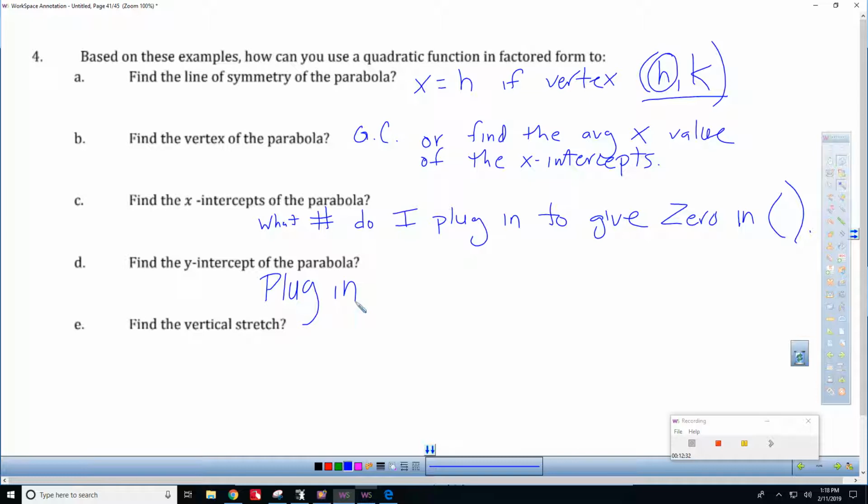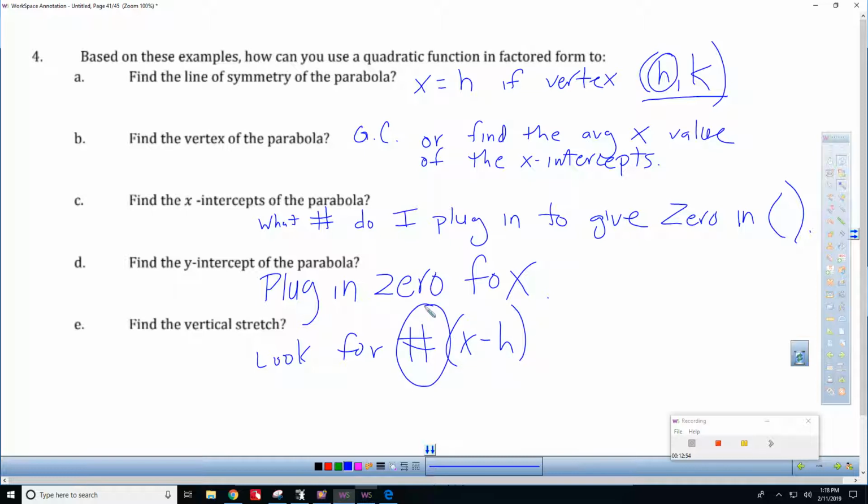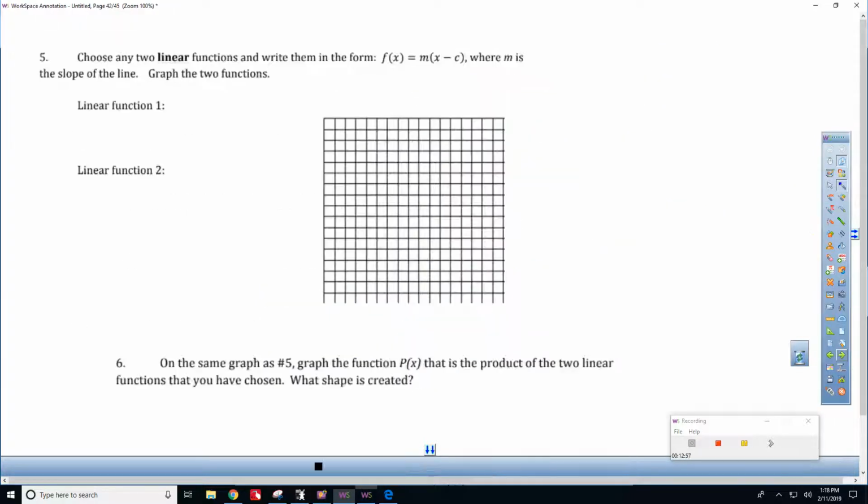Plug in what? Plug in 0 for x. Plug in 0 for x. Sorry, I'm rushing. The vertical stretch, look for the number outside of the parentheses. Okay? Got it? All right.